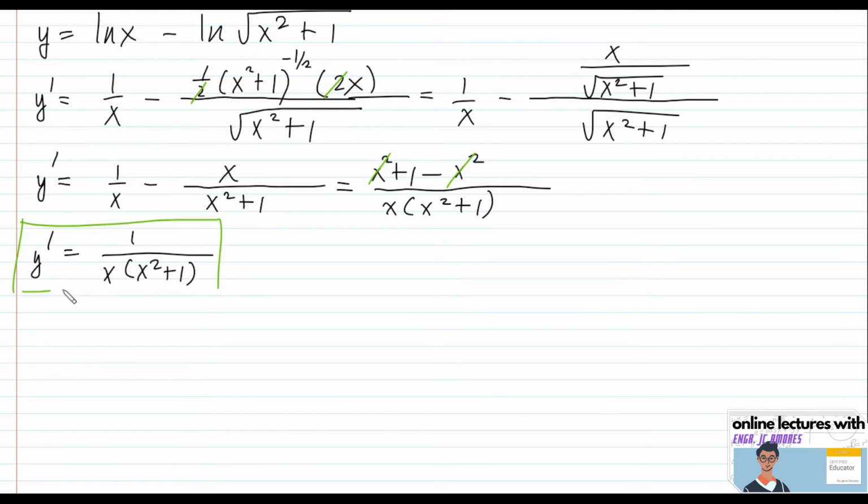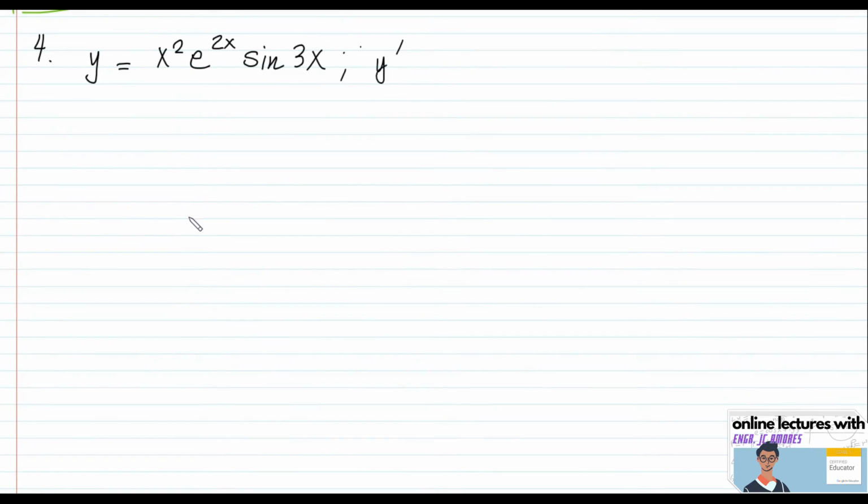Okay, so let's go to our next problem. Number 4: y is equal to x squared times e raised to 2x, and then sine 3x. Find the first derivative. So we have here 3 terms. What we're going to do for the derivative is combine 2 terms first and then get the derivative of the third.